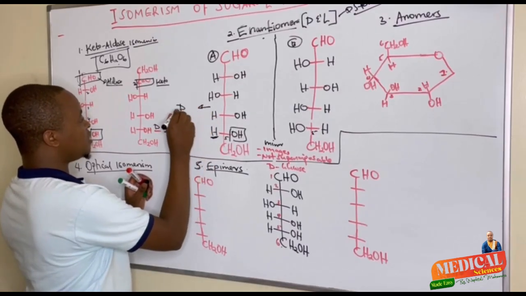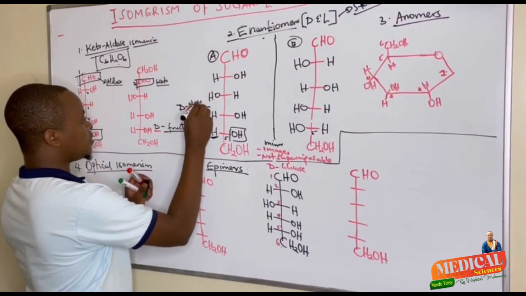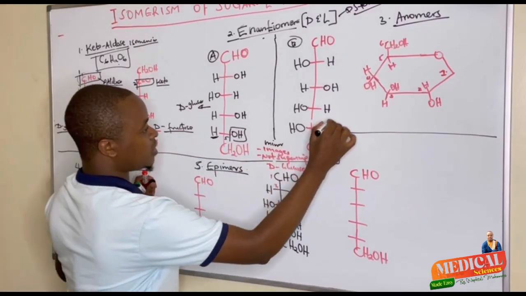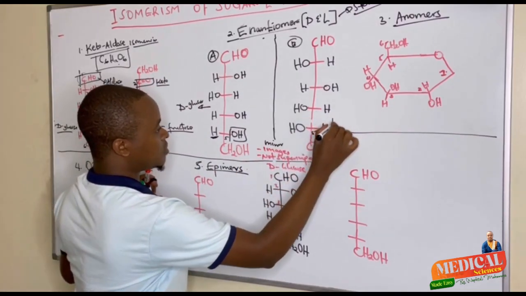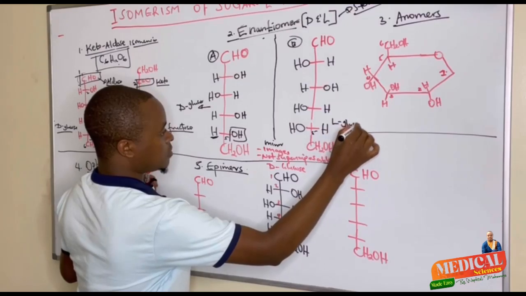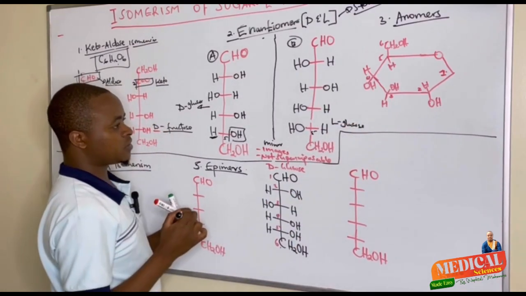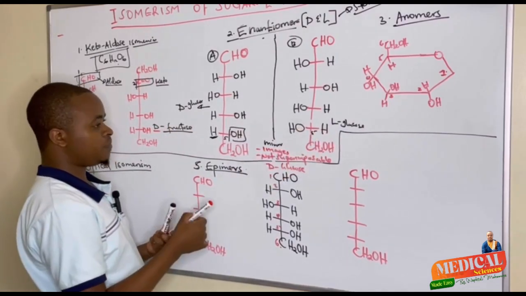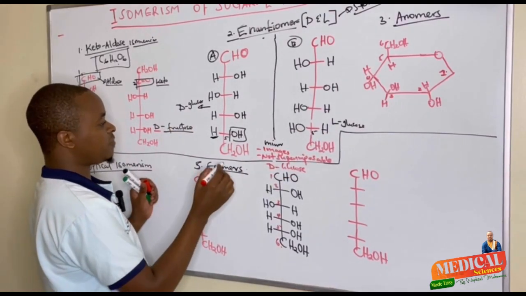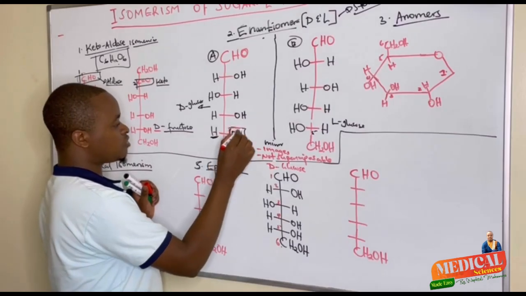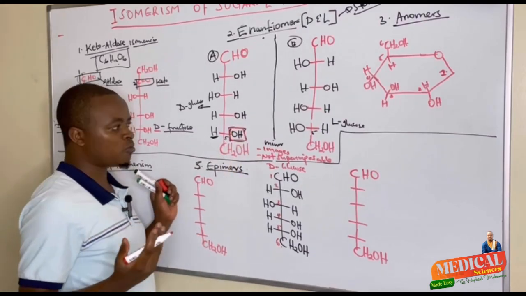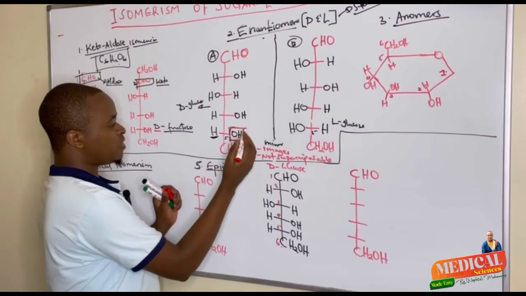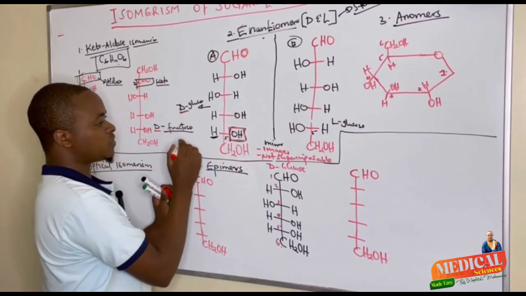So this one becomes D-glucose, and this one becomes L-glucose. Why? Because how we distinguish D-glucose from L-glucose is at position number 5. When the hydroxyl group at position number 5 is on the right, that one is D-glucose.